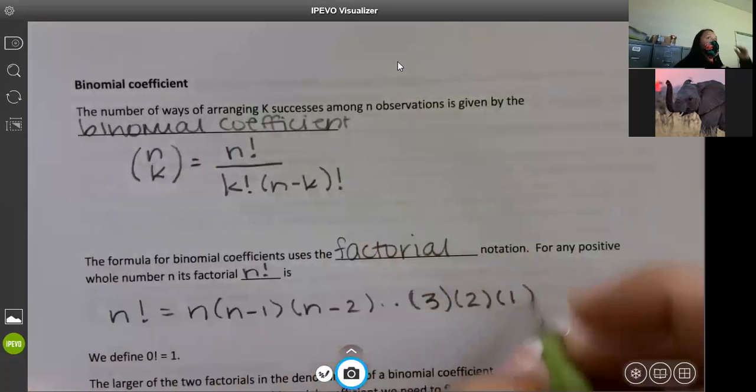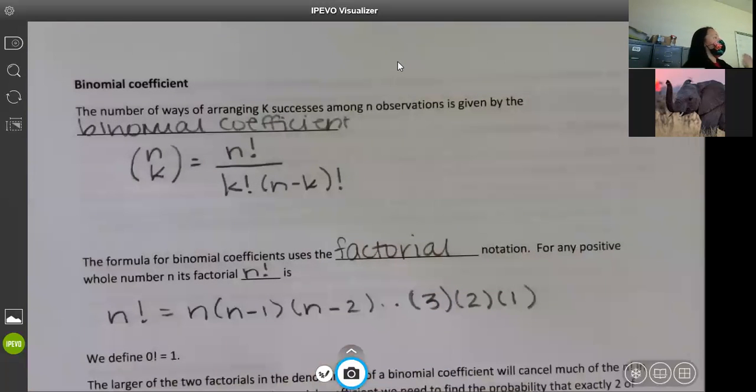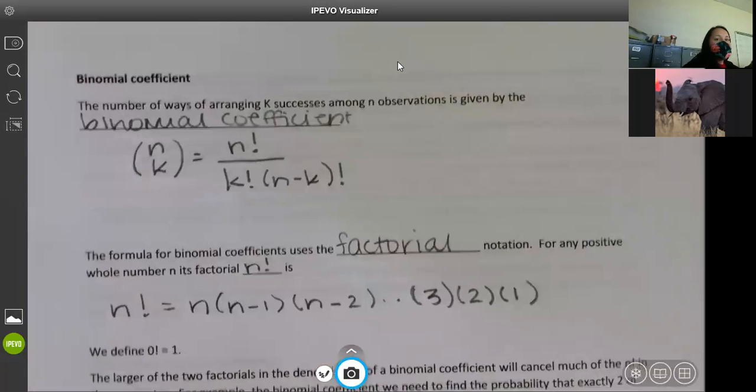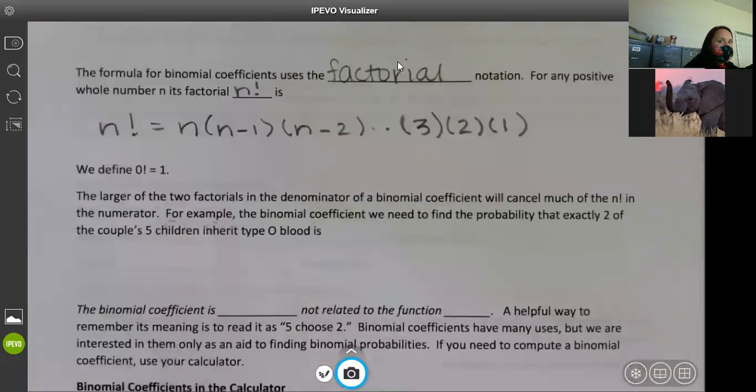So 4 factorial would be 4 times 3 times 2 times 1. That's it. If it's 10 factorial, 10 times 9 times 8 times 7 times 6 times 5 times 4 times 3 times 2 times 1. Okay. So we define 0 factorial as 1.